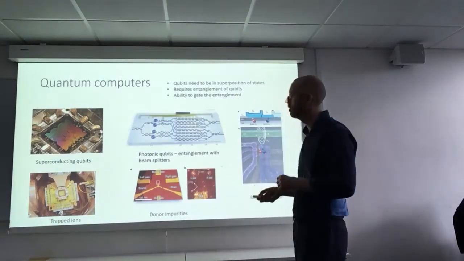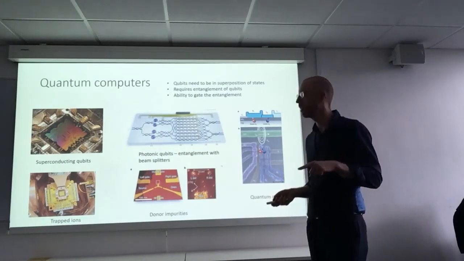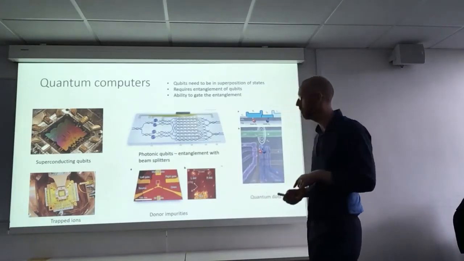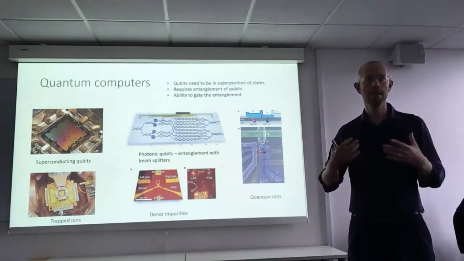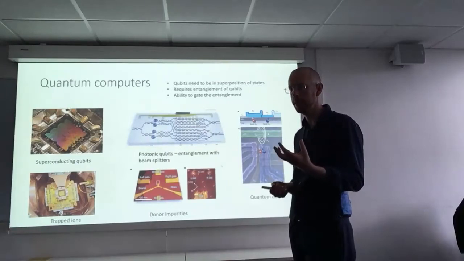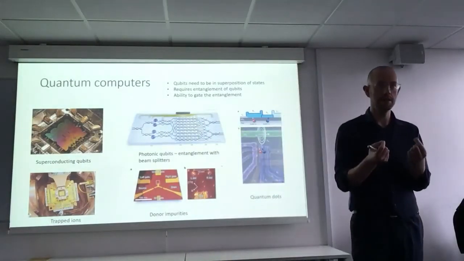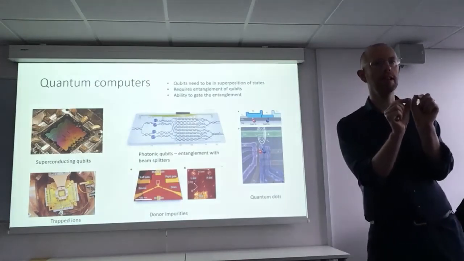And these are really good. These are some of the best individual qubits you can get, in trapped ions. So you can have some of the longest coherence times, so it will stay in a superposition of states for a really long time, and you can get them to interact really strongly with each other if you get two of them and bring them close together.